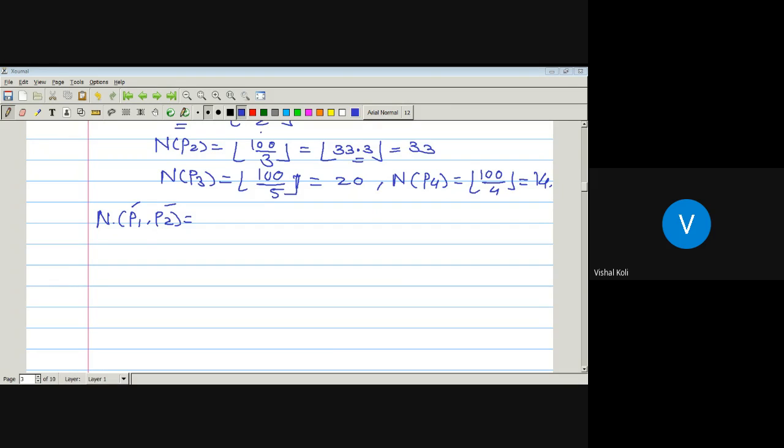Either we can find it as 100 divided by the LCM of 2 and 3, or 2 into 3. Those integers which are divisible by 2 and 3 are the multiples of 2 and 3. So 100 divided by 2 into 3 is the number of integers which are divisible by both 2 and 3.